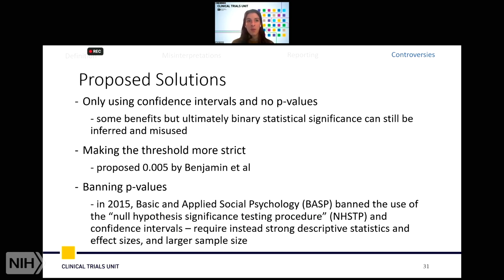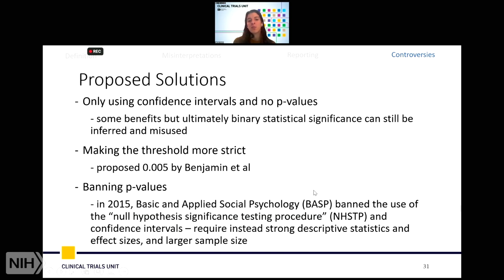So one proposed solution for dealing with p-values and the controversies that come up with them is to only use confidence intervals and not p-values. There are obviously some benefits to this because you're just not using a p-value anymore, but ultimately you can still extract binary statistical significance from a confidence interval if you understand what confidence intervals are. So you could still use it to say this is significant or not.